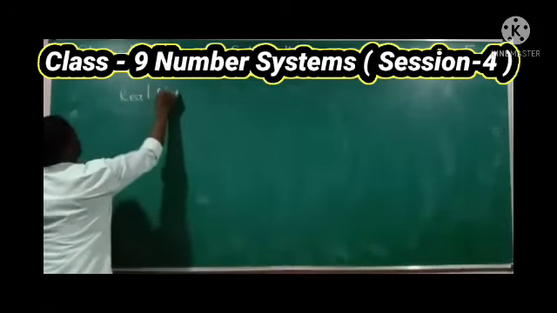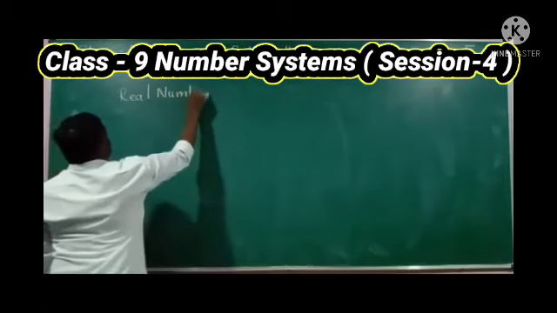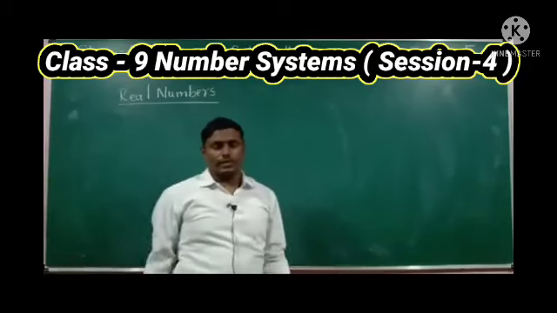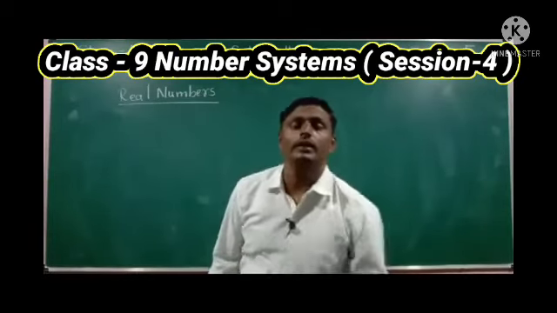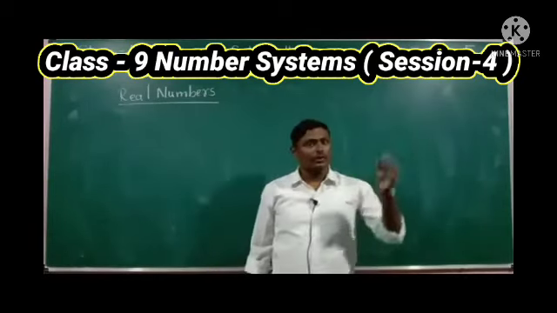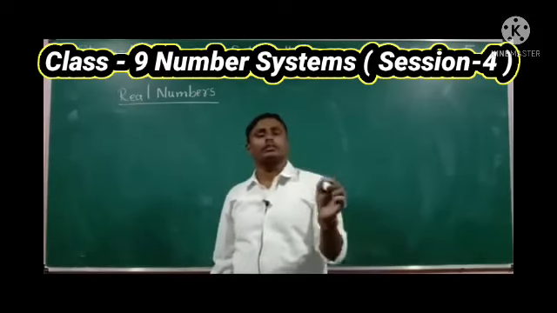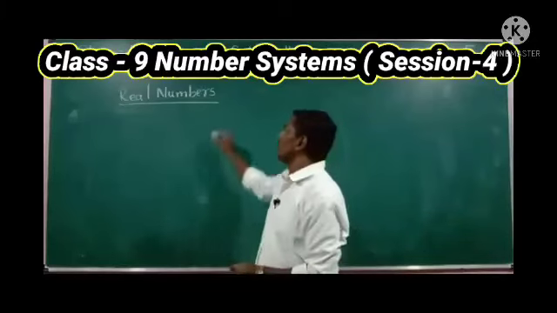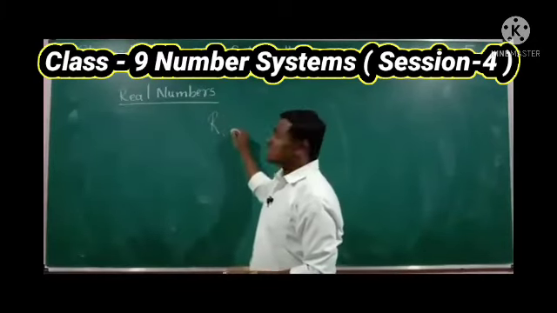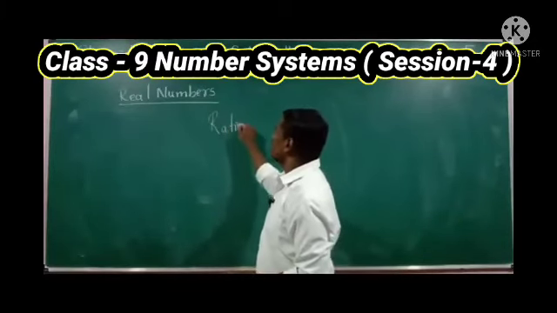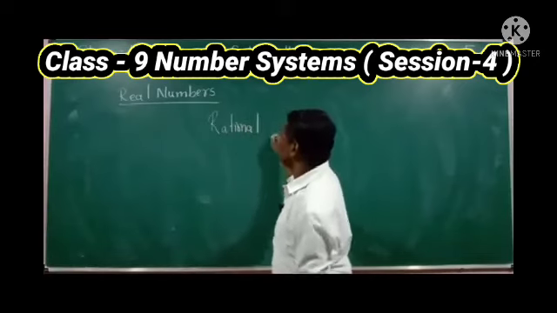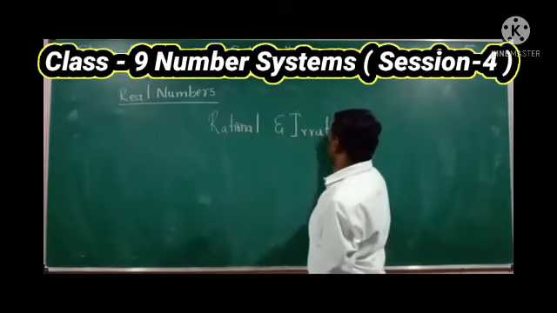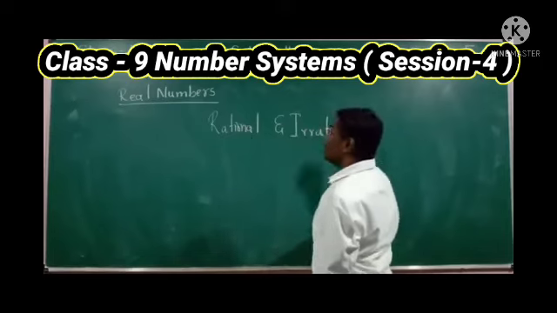So real numbers, I already told in the first class, are a combination of rational numbers and irrational numbers.